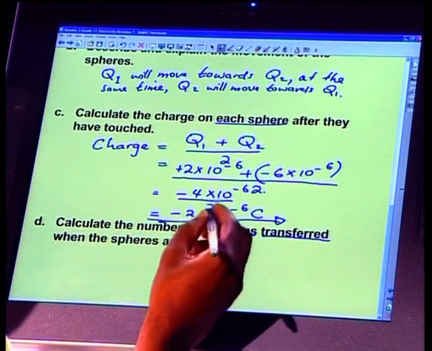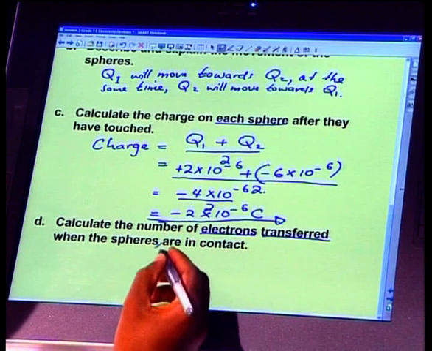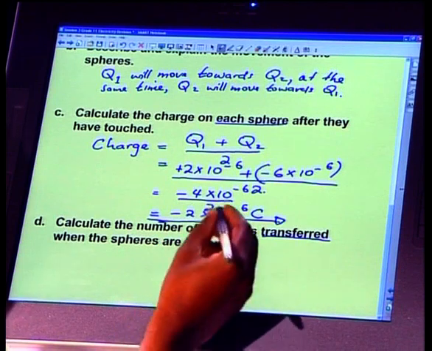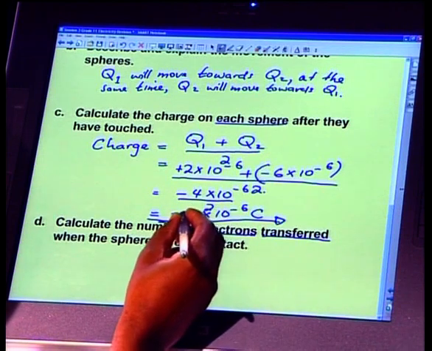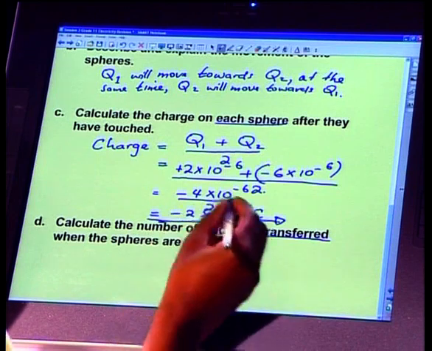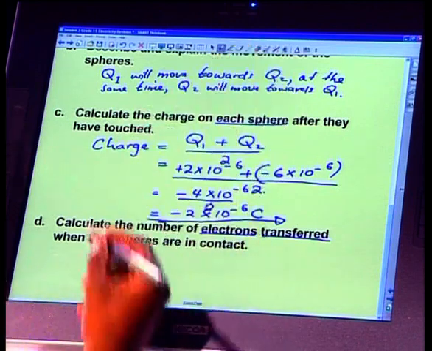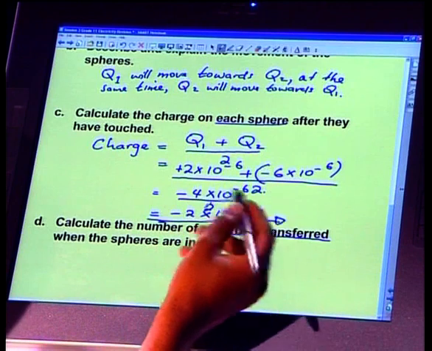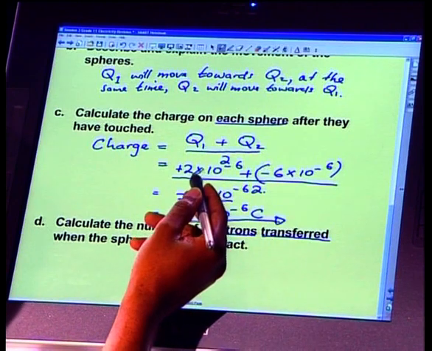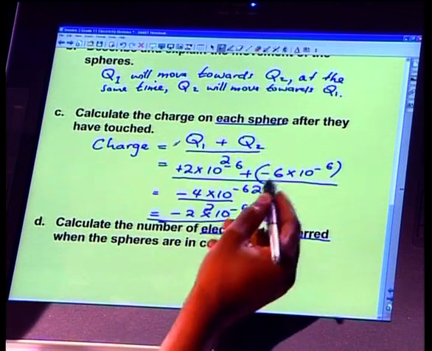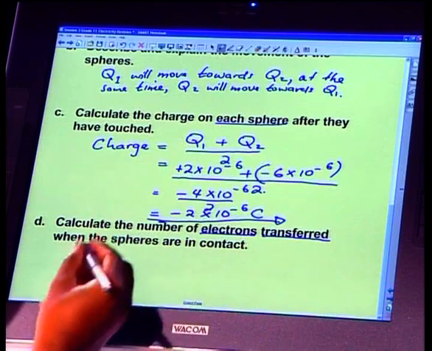Now, for us to know the number of electrons transferred, we need to check what happened between the resulting charge and the previous charge. We can take maybe Q1 or Q2. Let's look at Q1.